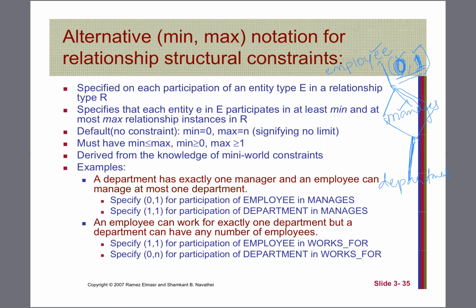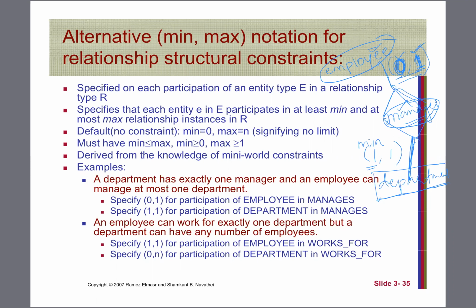So minimum and maximum. Now on the other side, wherein I'm talking about the department entity and the relationship manages, I might write 1 and 1. What would that mean? The department has minimum 1 person who is managing the department from the employee entity. And where is the manager from? From the employee entity.